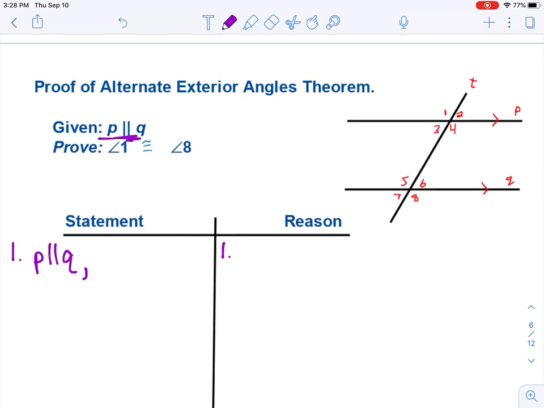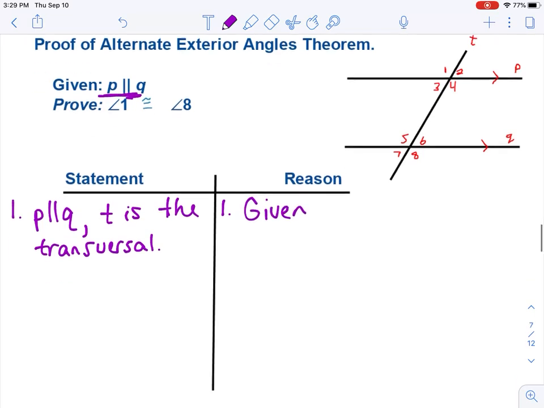And also I'm going to include that T is the transversal. Usually we just use what's right by the given, but I'm going to include that as well. And our reason for this is always given. So you should never miss the first statement and reason. They're there for you.